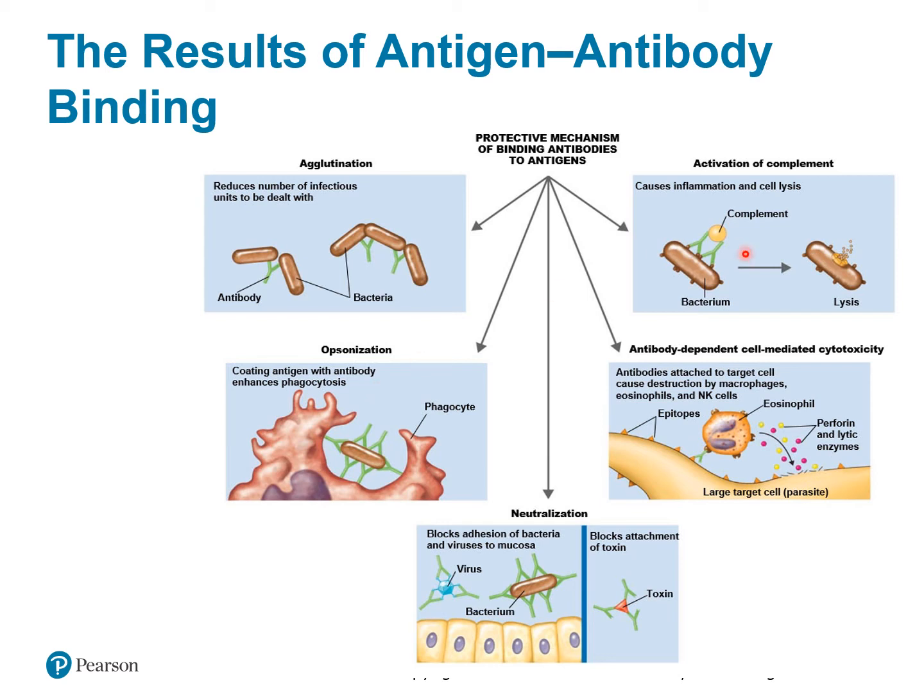Or the antibodies stick to the bacteria and help activate and turn on the complement proteins, which will launch the direct attack against the bacteria. So this is how antibodies work, and those are the antibodies released by the B cells.